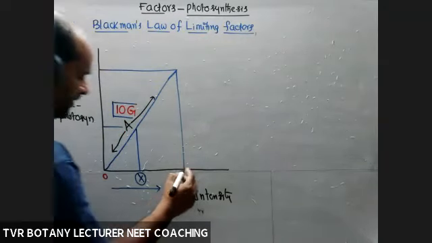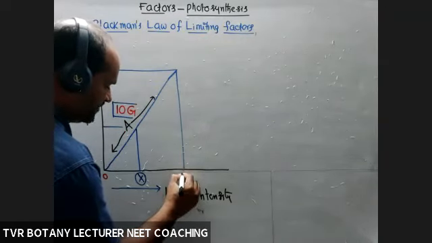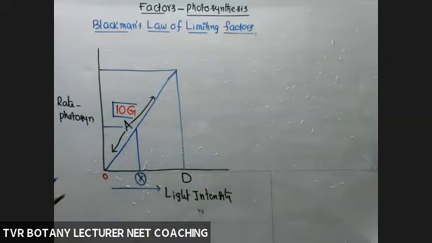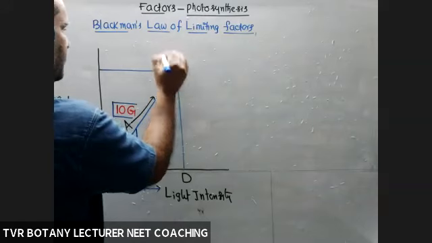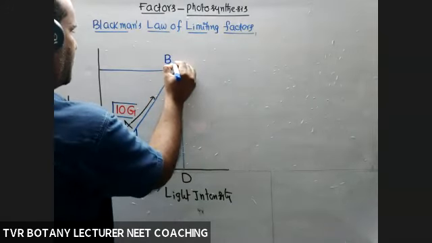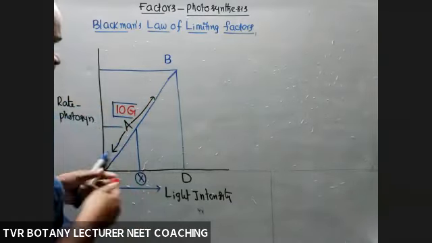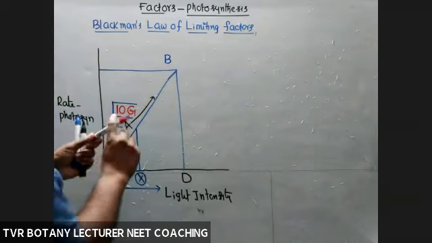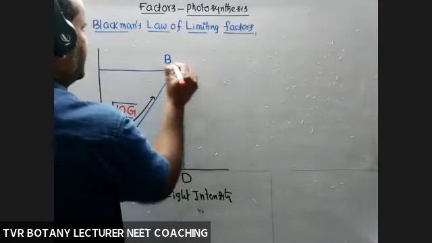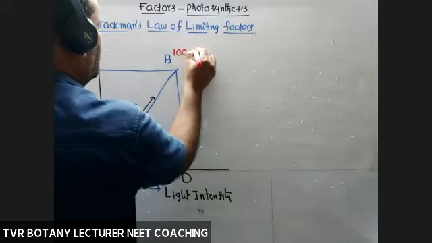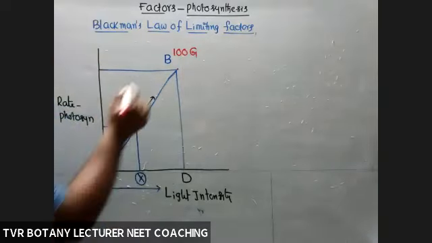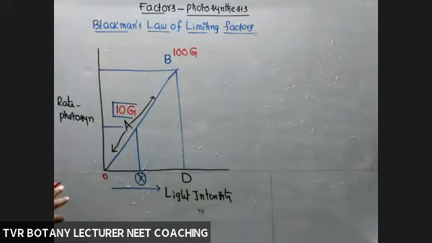Next, D light intensity, according to textbook D. Now take a B region. At a B region, for example, the number of glucose molecules is 100 glucose molecules. This is a B region.